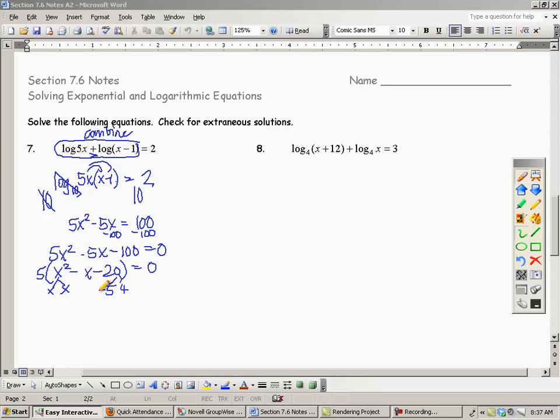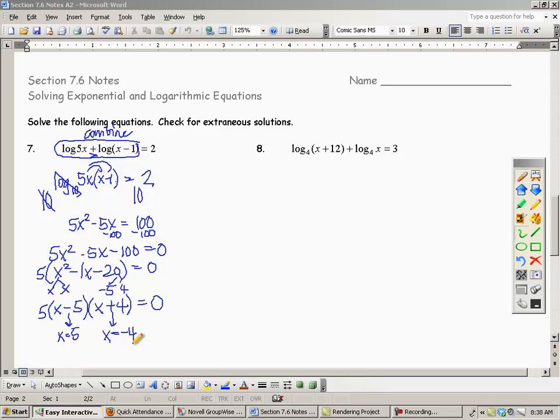But the 5 has to be negative in order to get a negative 1x. So I have factored (x minus 5)(x plus 4) equals 0. Now, according to what we did in part A, this means that x is 5, because it's always the opposite. This means that x is negative 4.